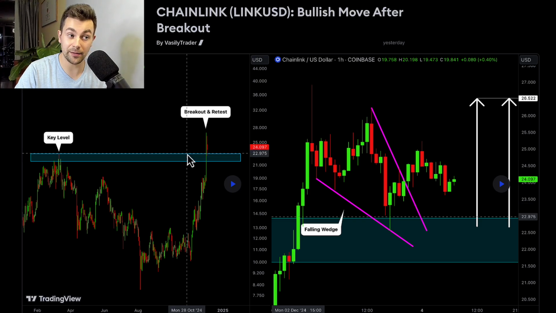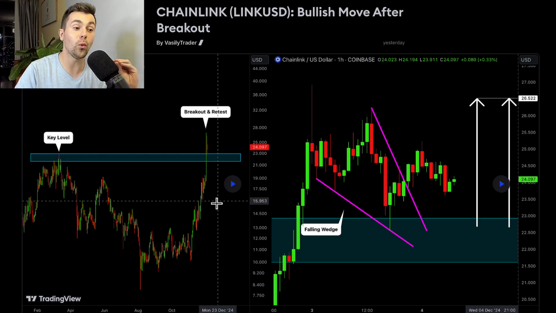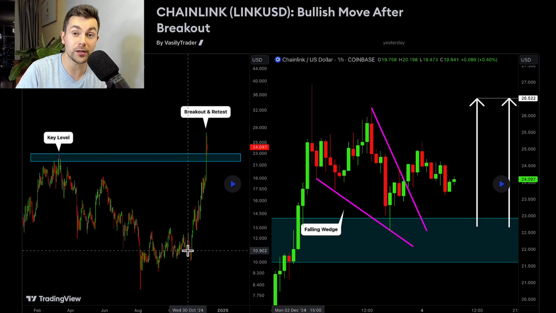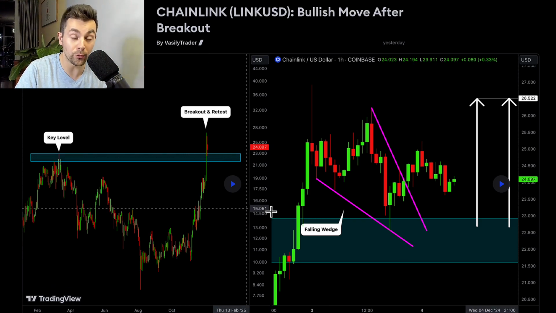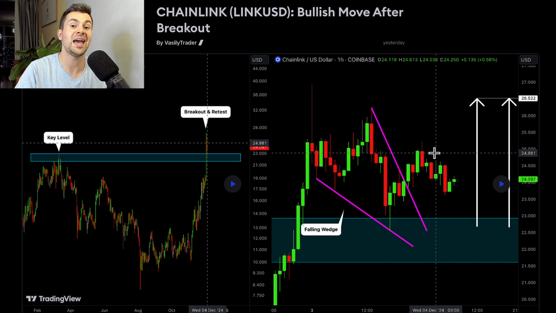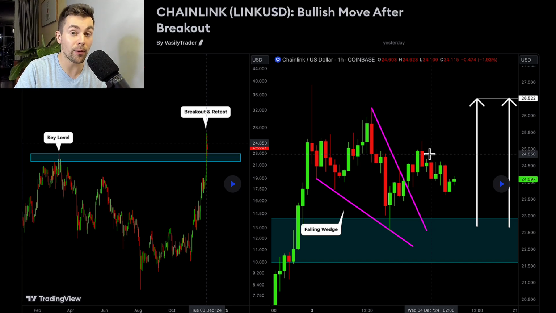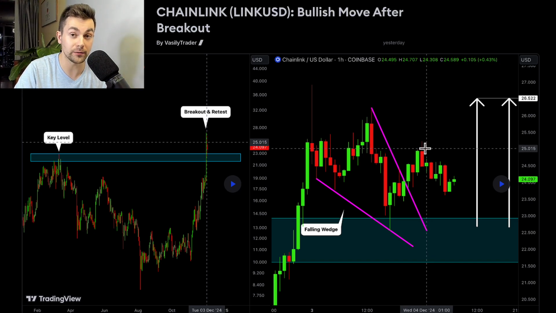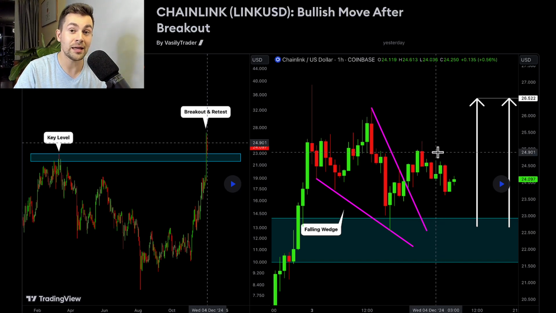On a daily time frame we see a test of a recently broken resistance that turned into support, but also we can see that the market trend is strongly bullish. So the pattern on an hourly time frame has the same bias as the market trend. The pattern indicates bullish continuation in a bullish trend.